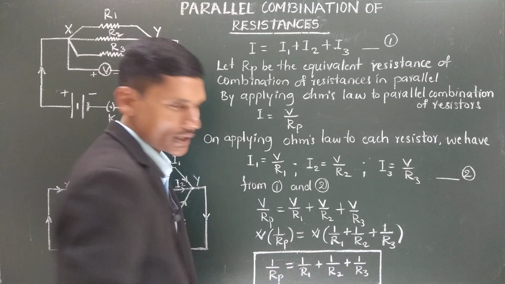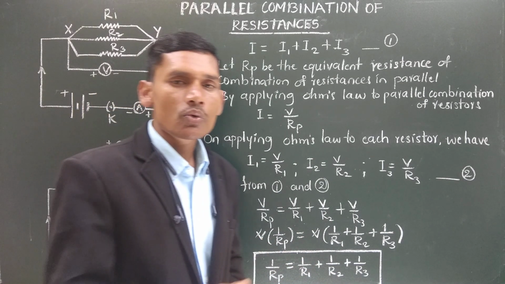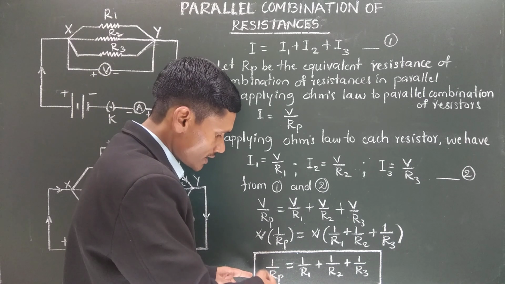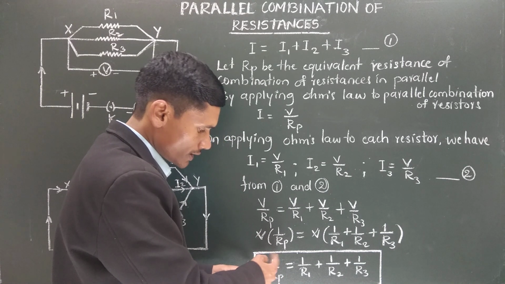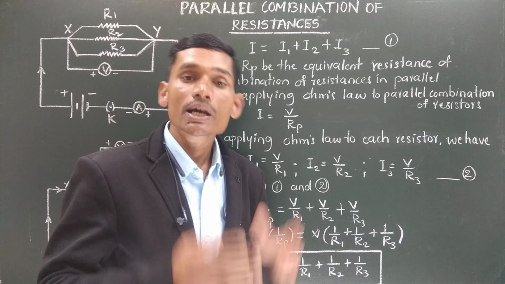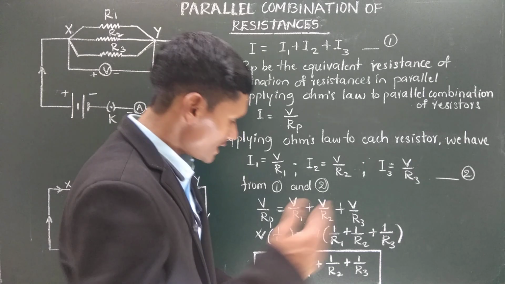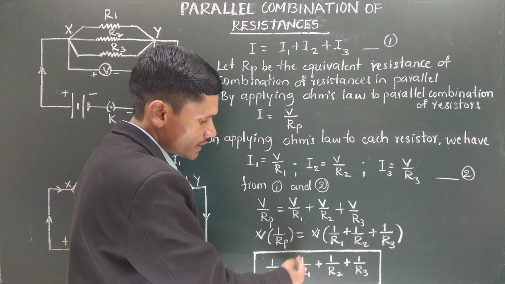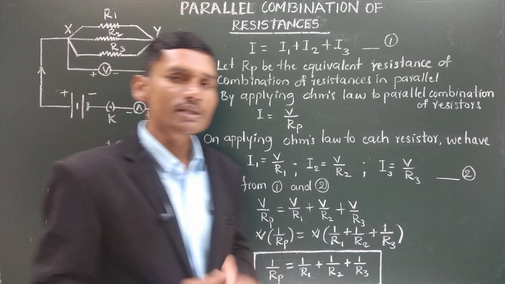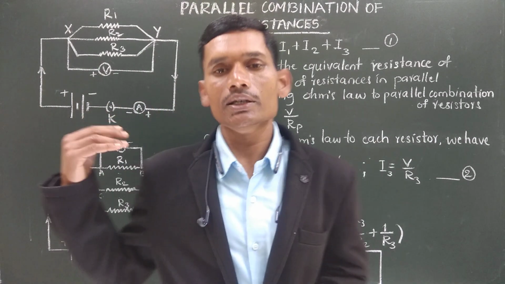From this, we may conclude that the reciprocal of the equivalent resistance of a group of resistors in parallel is equal to the sum of the reciprocals of the individual resistances. So this is what we are learning from this circuit.